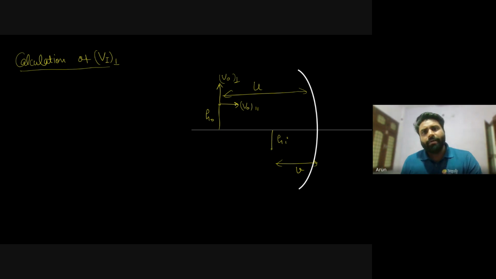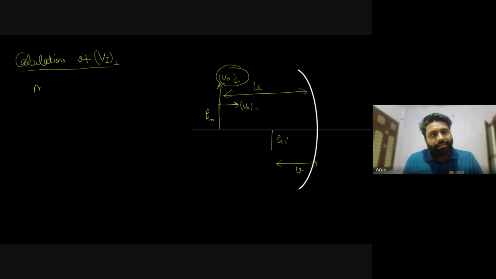What component of velocity is going to change the height of the object? And if the height of the object changes, then the height of the image will also change. The component which is responsible for that is VO perpendicular.